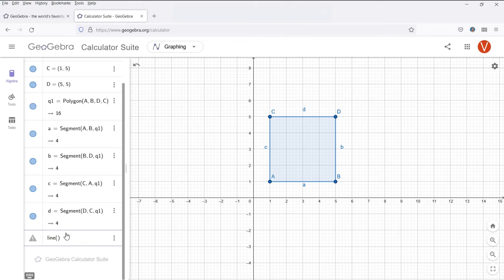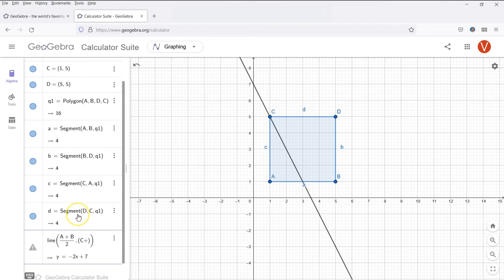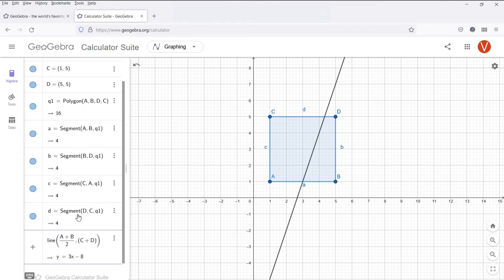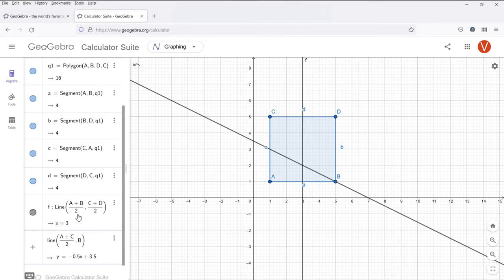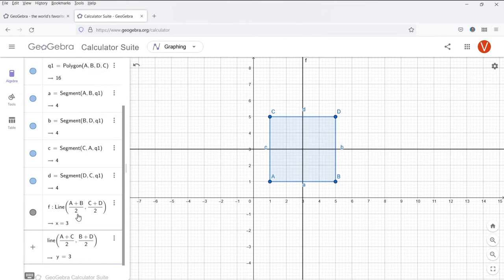Now what are the various lines of symmetry? So one of the lines of symmetry is a plus b divided by 2 comma c plus d divided by 2. So this is one line of symmetry. Another line of symmetry is a plus c divided by 2 comma b plus d divided by 2.